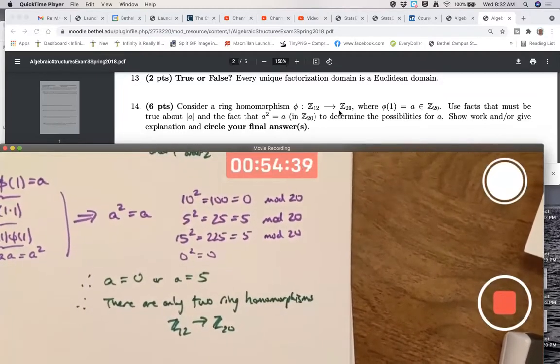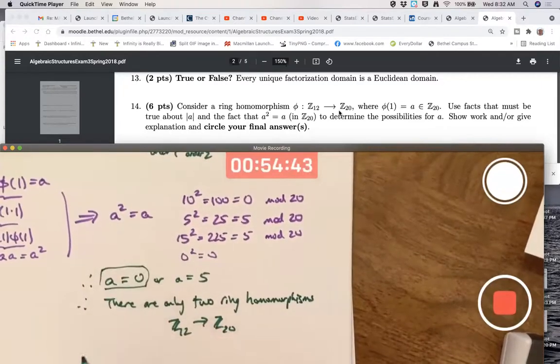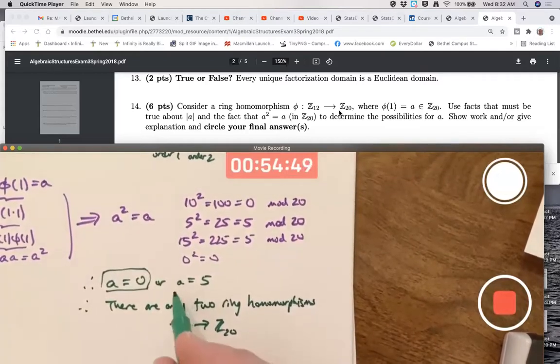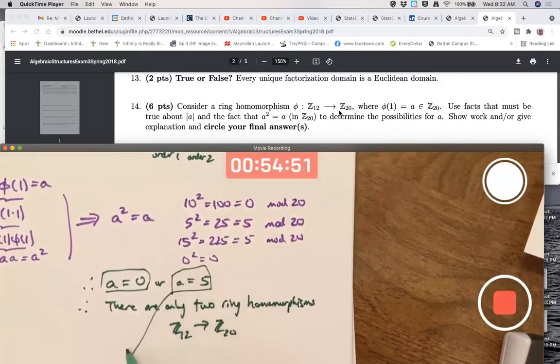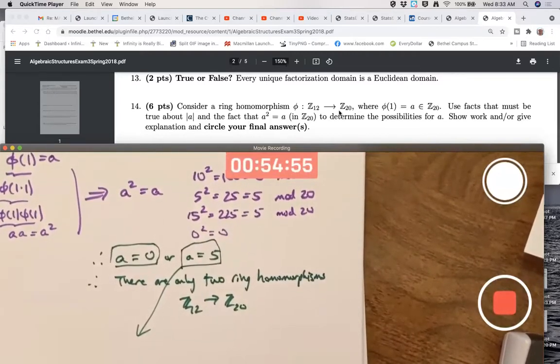By the way, if A is 0, then it's a trivial ring homomorphism. It's mapping everything to 0. If we're in the case where A is 5, I could also ask you to figure out the output at some other value of the input.